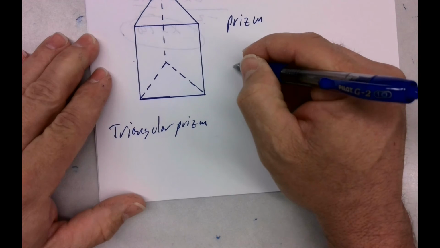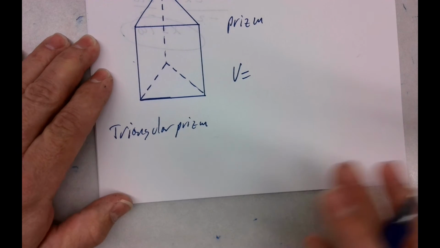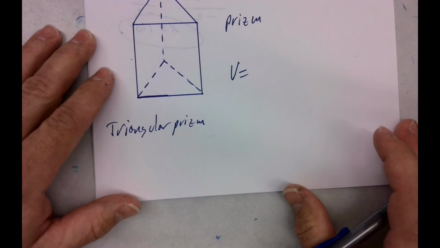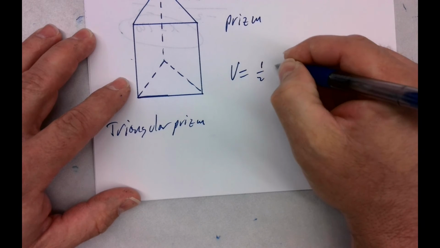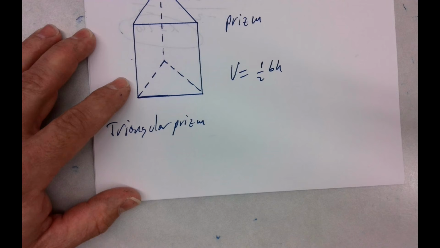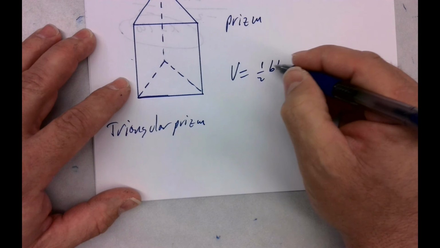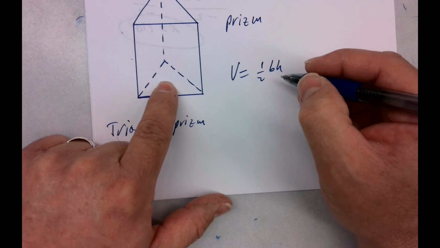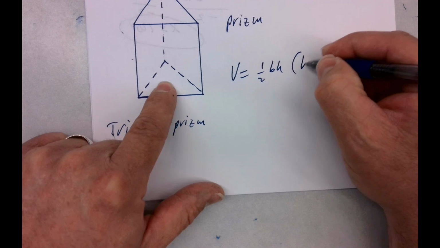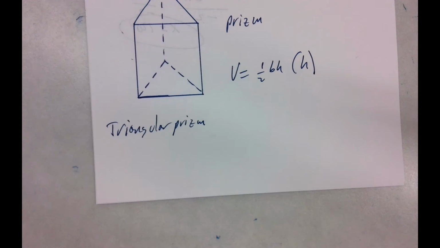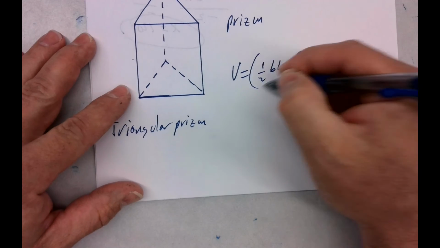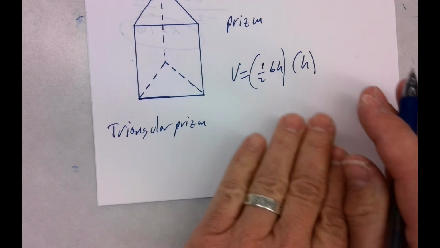So volume here is 1/2 base times height. But remember, that's the base and the height of just the triangle. And then I'm going to times that by the height of the prism, right? So that's why I kind of treat these as two different problems, right?